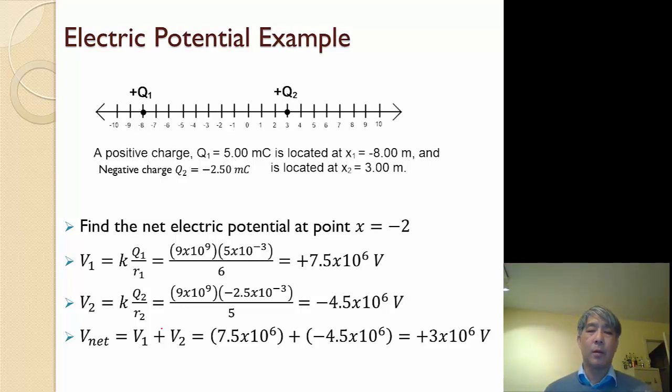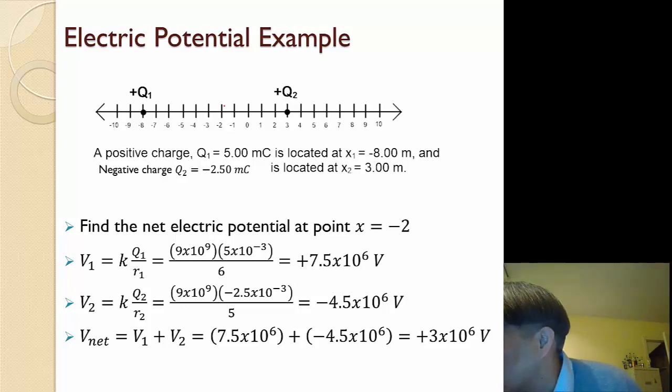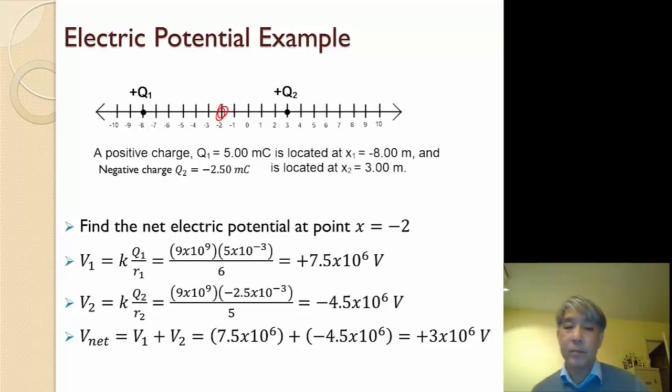So here's a sample problem where I have a positive charge Q1 of 5 millicoulombs at minus 8 meters, and then a negative charge of minus 2.5 millicoulombs at x equals positive 3 meters. I wanted to find the net electric potential at x equals minus 2, right there.